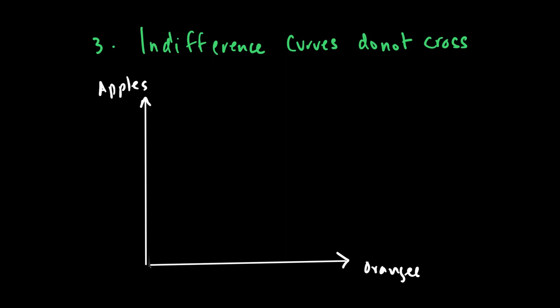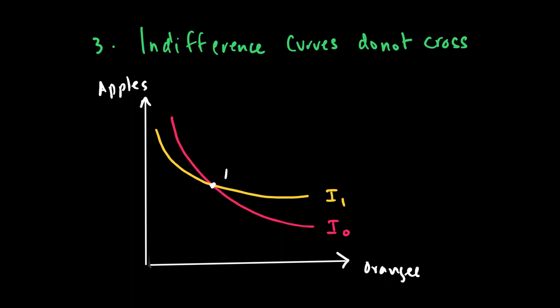Let's say this is I0, and there is another indifference curve, I1. Let's look at three combinations: combination A, combination B versus combination C.